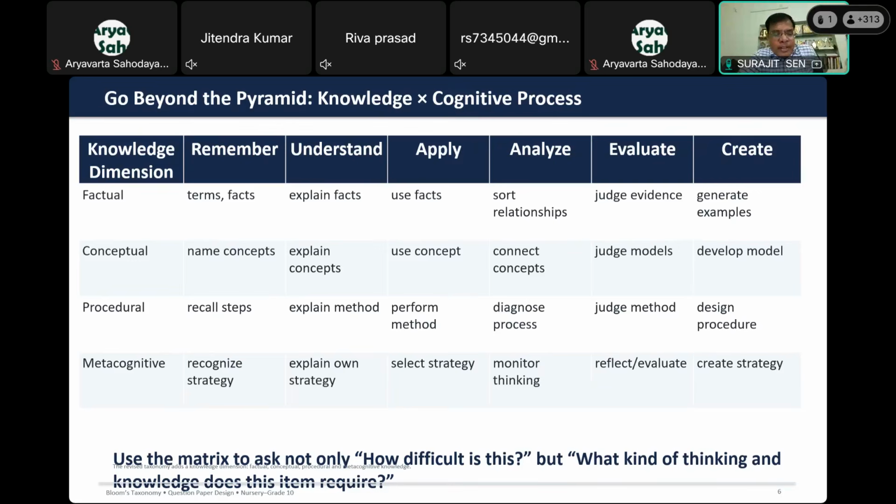So use this matrix, not only for how difficult an item is, but for what kind of thinking and knowledge the item requires. Whenever you are making a question paper and want to test the knowledge of the student, whether it is factual or conceptual, you can use this and find out exactly what your demand is. Teachers also have a little bit of demand from the students.